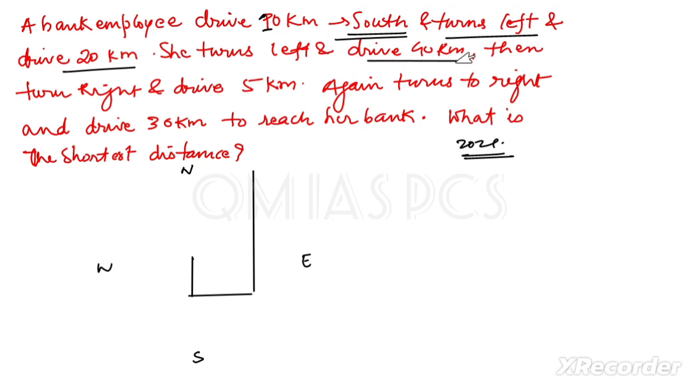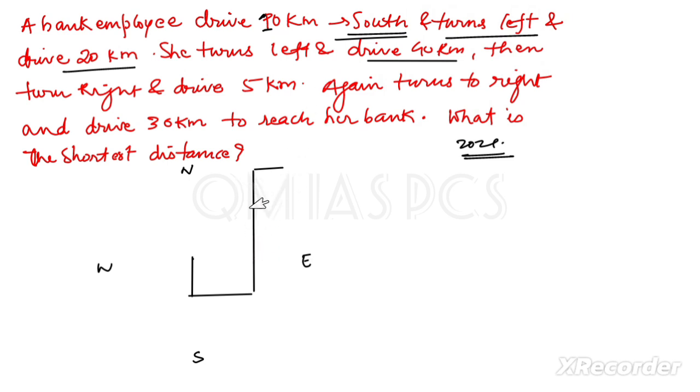Drives 40 kilometer, then turns right. Right is this one, and drives 5 kilometer. This is 10, so 5 is almost this much. Now again turns right and drives 30 kilometer. Right is this direction, and 30 kilometer means what?